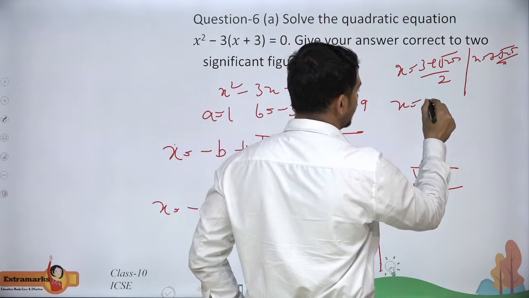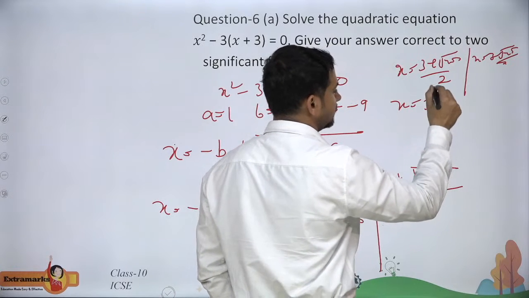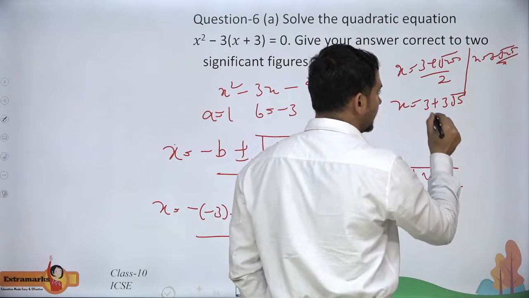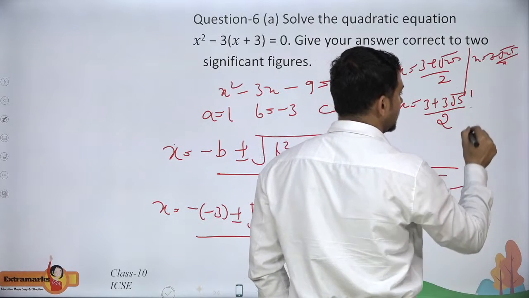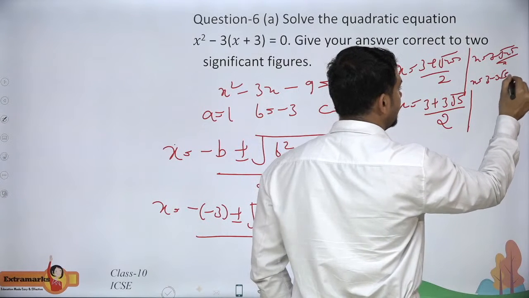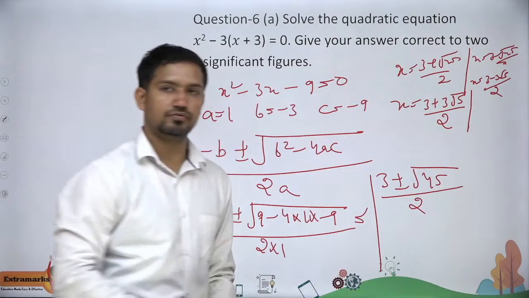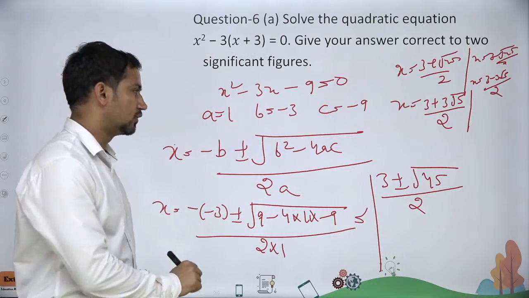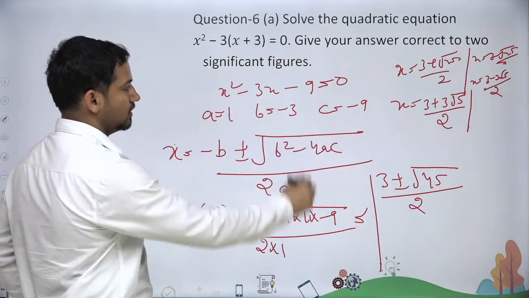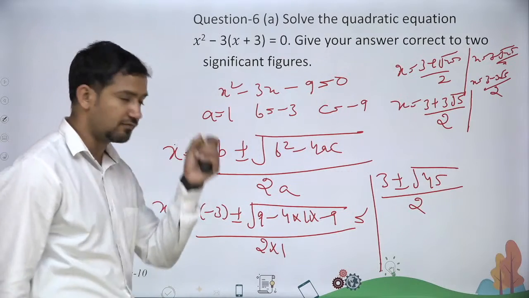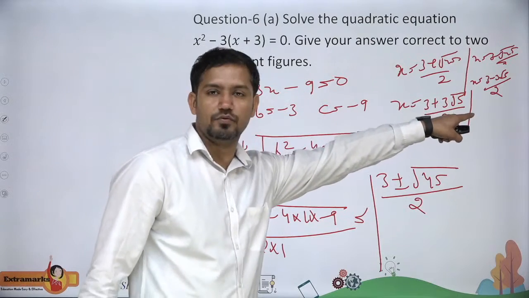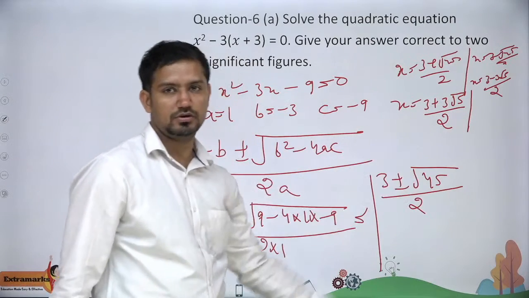We know how we can write root 45: 3 root 5. So x is 3 plus 3 root 5 divided by 2. Similarly, x is equal to 3 minus 3 root 5 divided by 2. These are the two values we have to get. First we go with the root 5 value, then we put it in and get the answer.